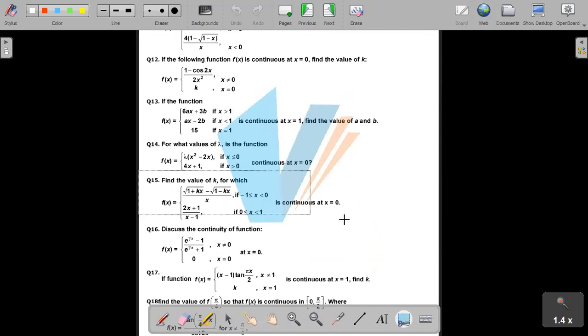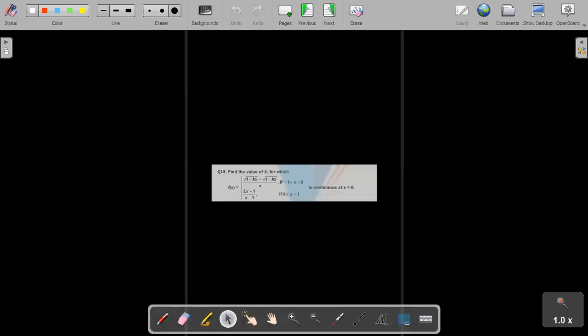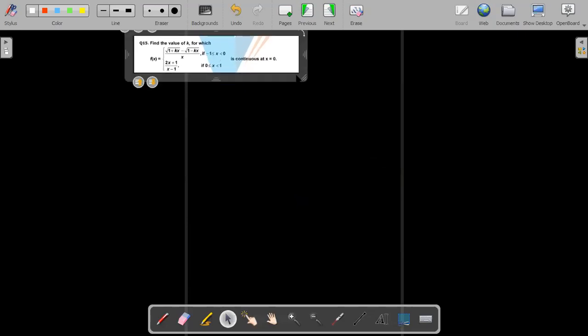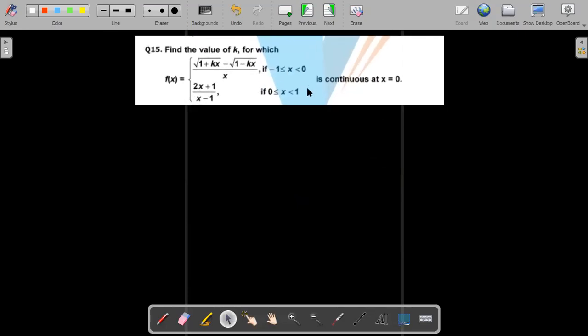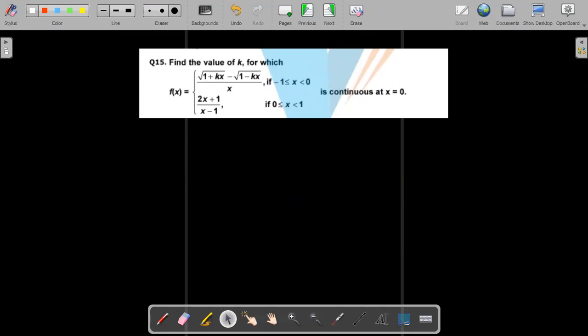Yes, this question they will ask as a 4 marker question. If they will ask these kind of questions, which I'm starting from today, this time onwards, they will ask these kind of questions as a 4 marker question. So start solving this question, please.